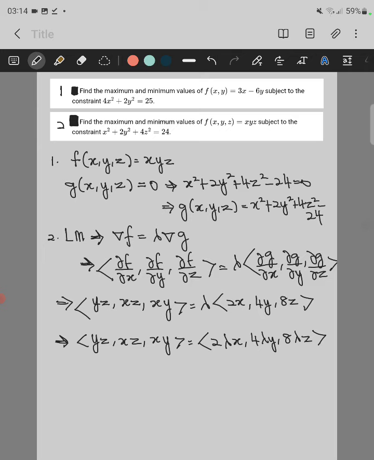So from here, we have this one. This will be the second step.